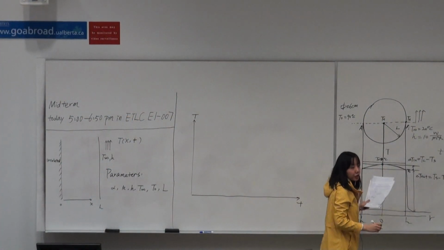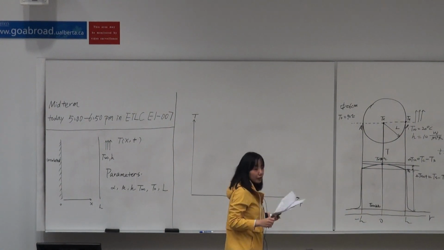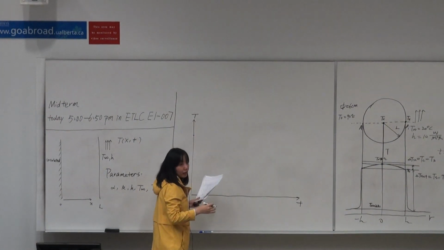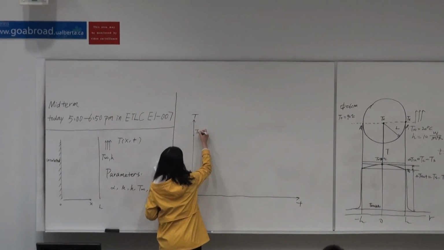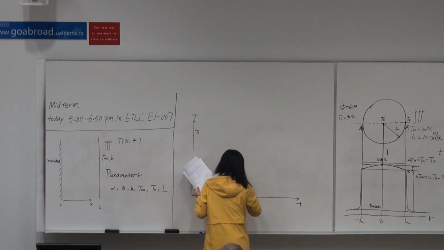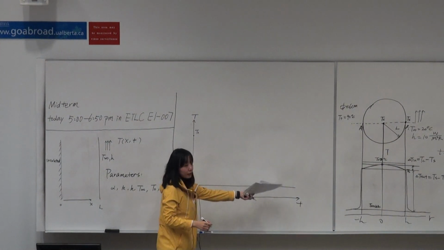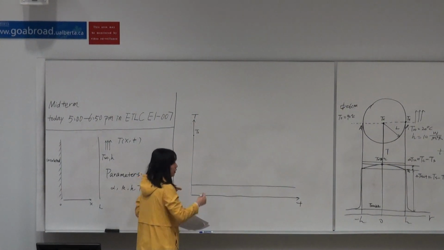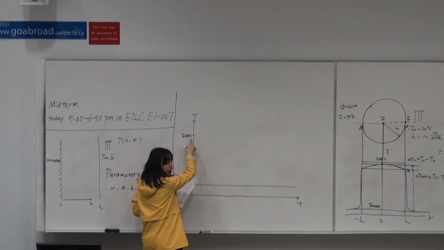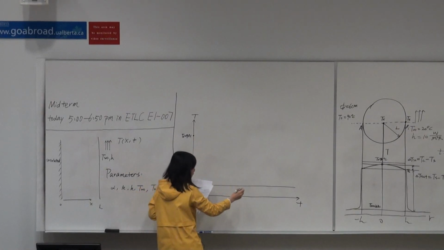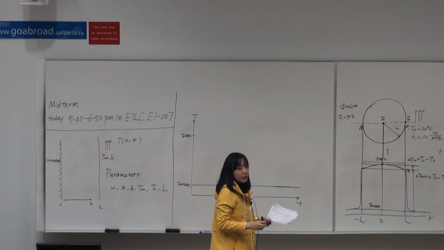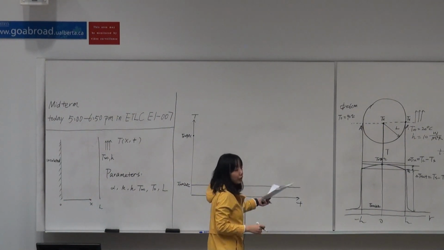At the beginning, everything is at the initial temperature, T0, and at the very end, it has the same temperature as the fluid. For the surface temperature, when t equals 0, it's at T0, and when t tends to infinity, it's always at the temperature of the fluid.